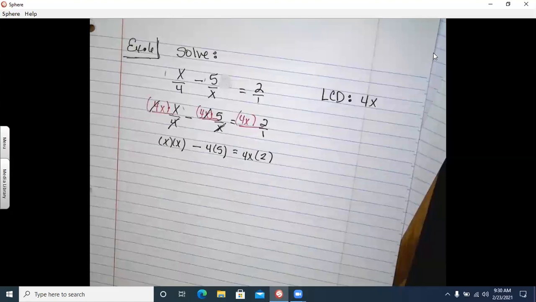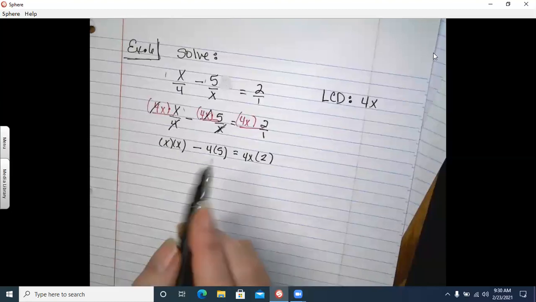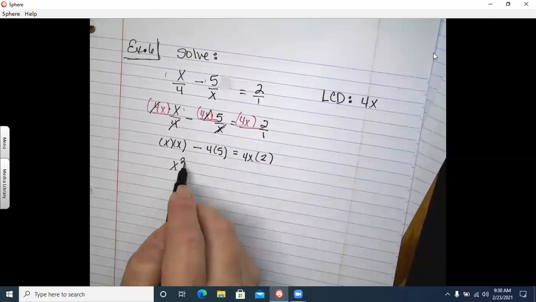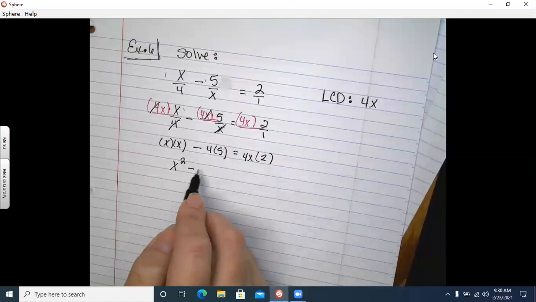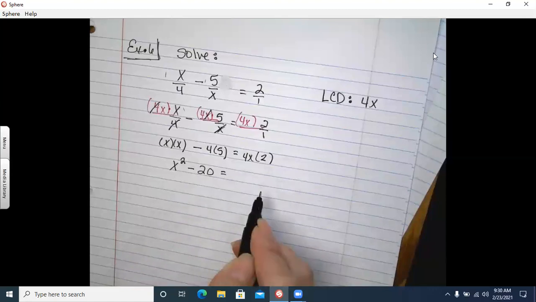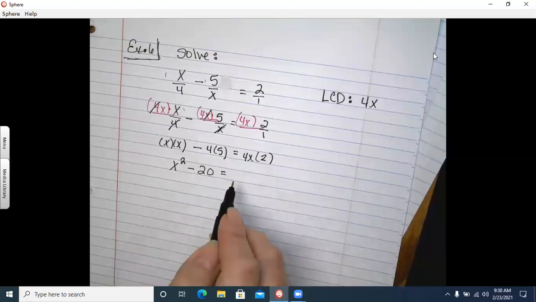It's not squared. 4x times 2 is 8x. So now let's multiply. What's x times x? X squared. Negative 4 times 5, negative 20. Bring down your equal sign. 4x times 2, 8x.